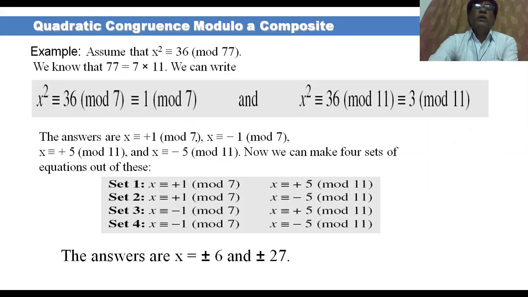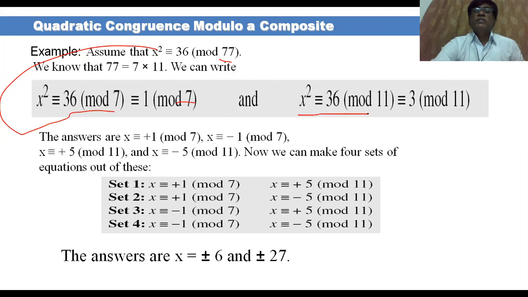Now, for example, x square is congruent to 36 mod 77. 77 is a composite value, 7 into 11. This can be written as x square congruent to 36 mod 7, which is equal to 1 mod 7, and x square congruent to 36 mod 11, which is equal to 3 mod 11.